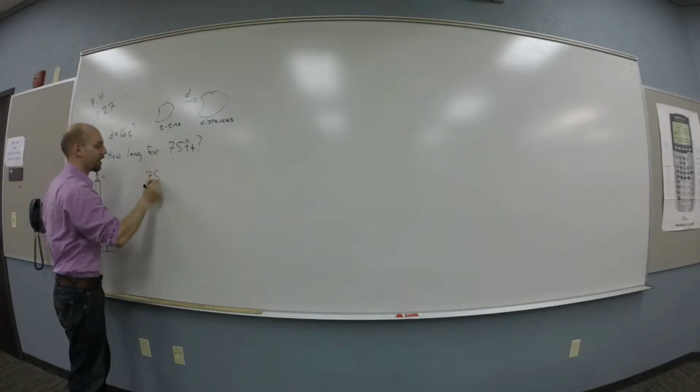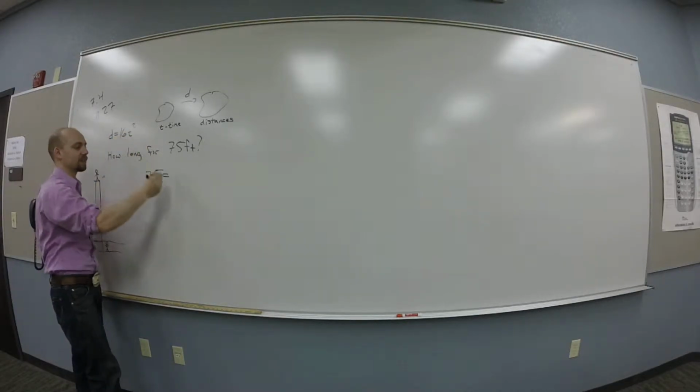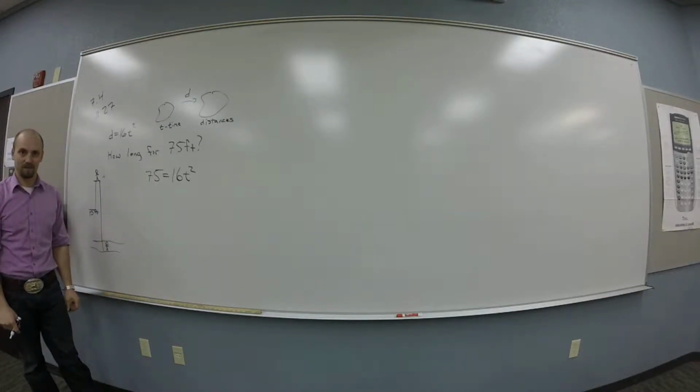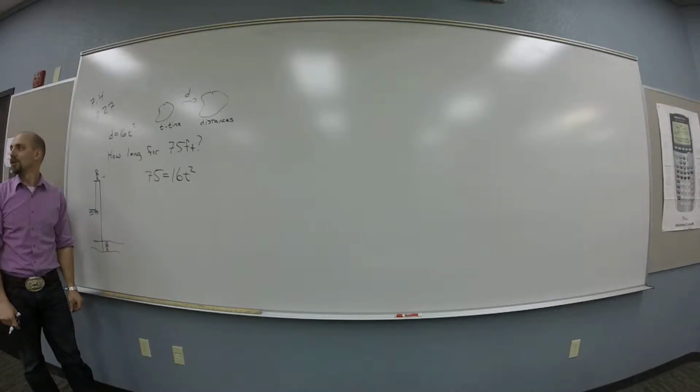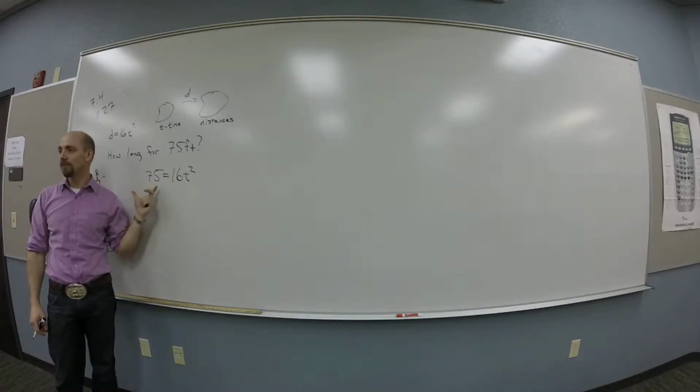So I'm wondering, when is 75 the output of this rule, 16 times t squared? That's a solve problem.